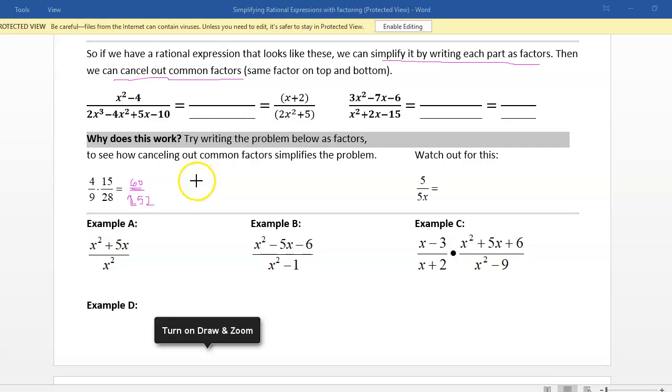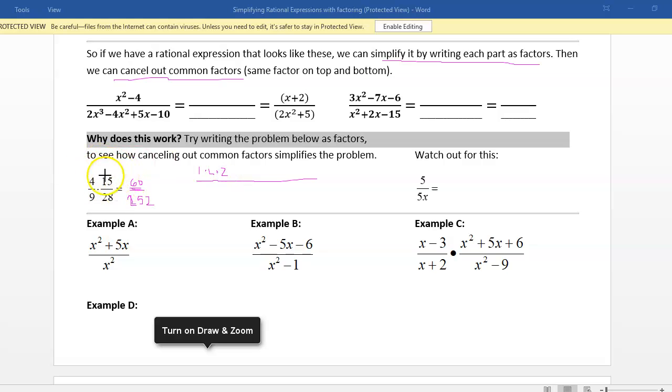So let's see. If I go ahead and do that, I look at the 4 and write all the factors of 4 in the numerator. Well, the factors of 4 are 1 times 2 times 2.